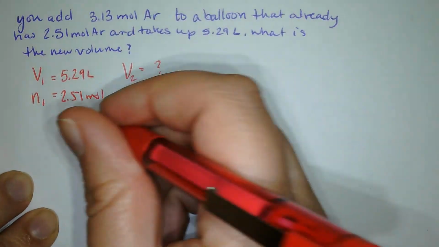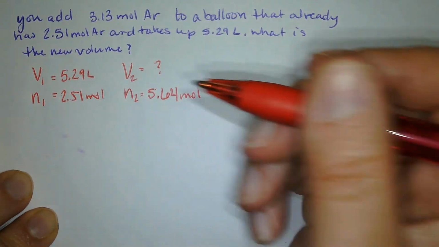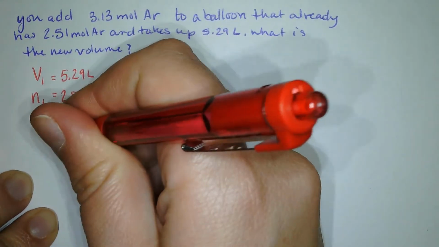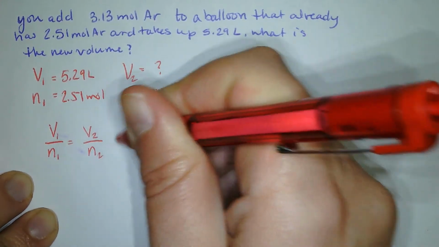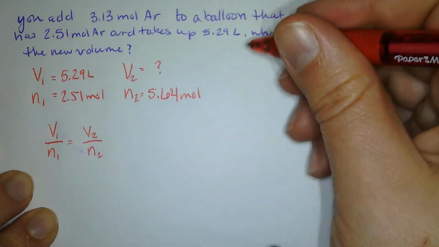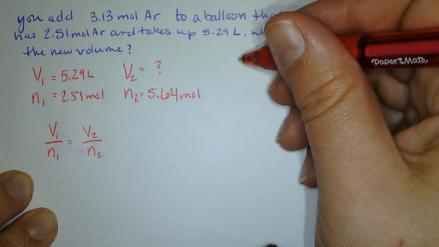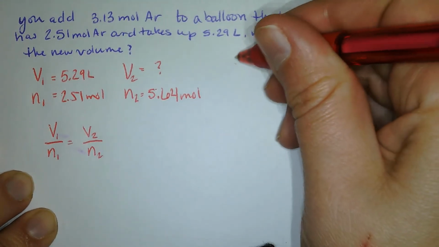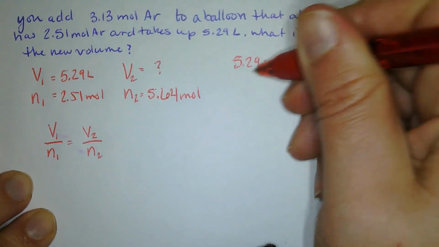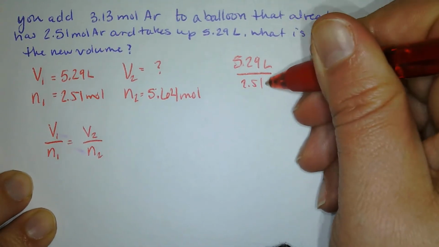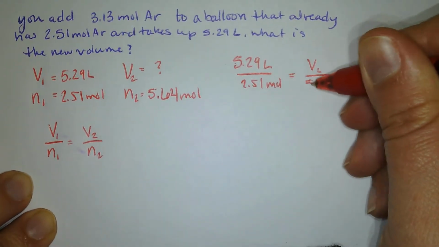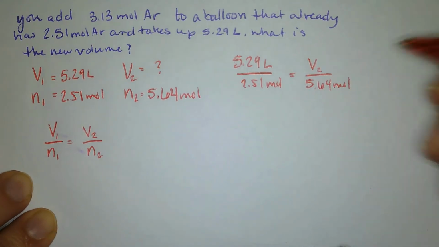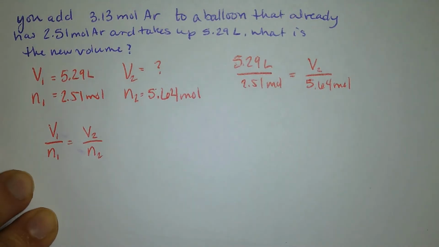Anyhow, now that we see what we're dealing with, let's use our formula again. V1 over N1 equals V2 over N2. So that is going to be 5.29 liters over 2.51 moles equals V2 over 5.64 moles. Cross multiply.